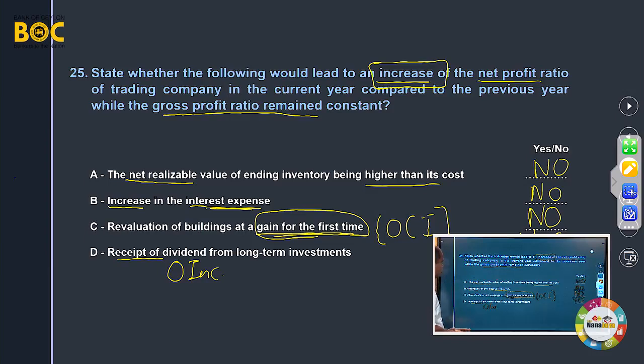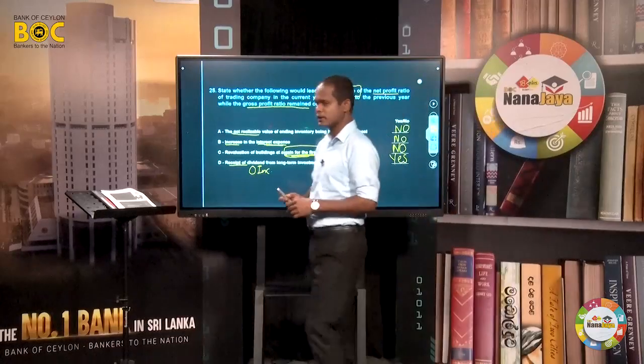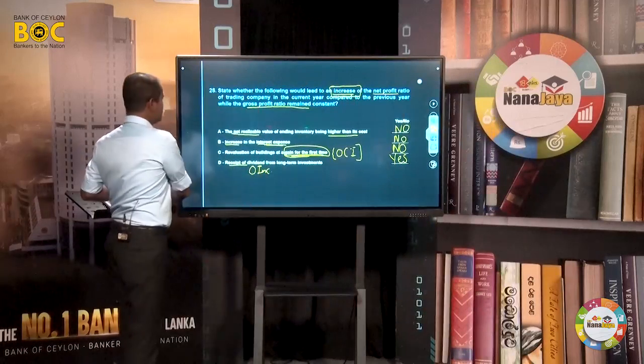We discussed this question by covering the ratio analysis lesson, identified as unit number 13 in the syllabus, the ratios in the financial statement analysis part.